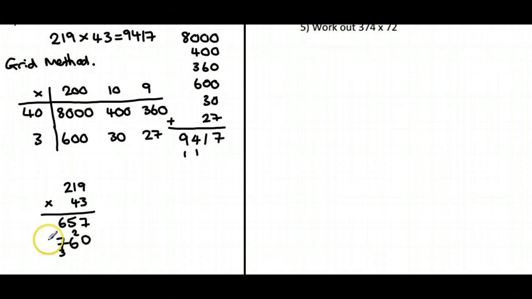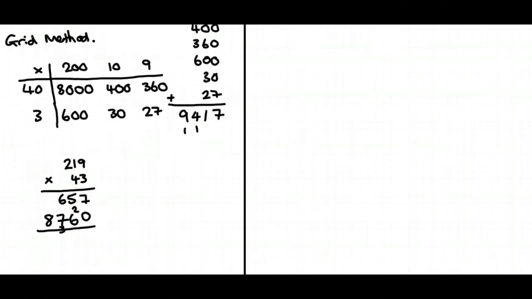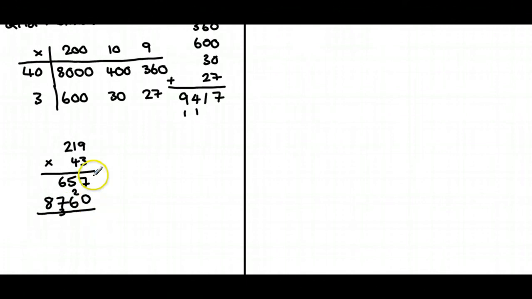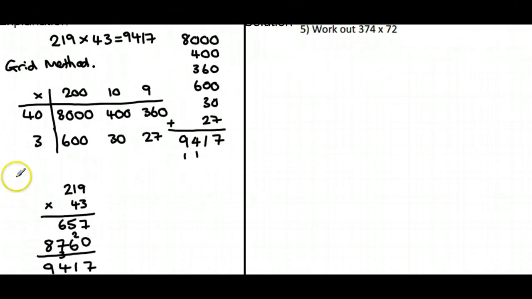And then 4 times 2 is 8. You're going to add those together, and you'll see that 8,760. Got 7 and 11, that makes 14 altogether, and then 9. 9417.